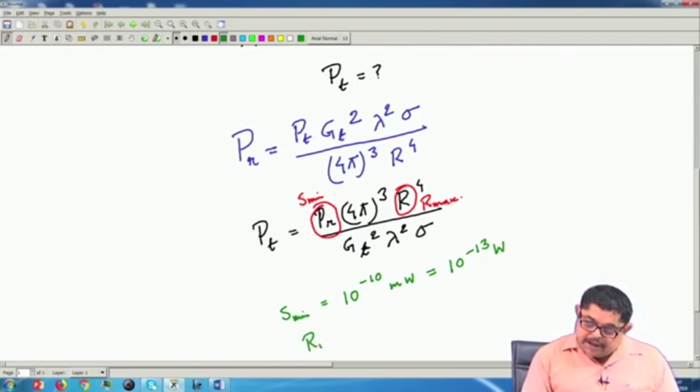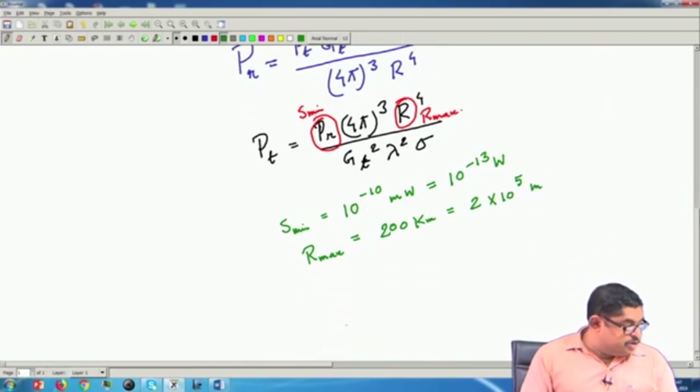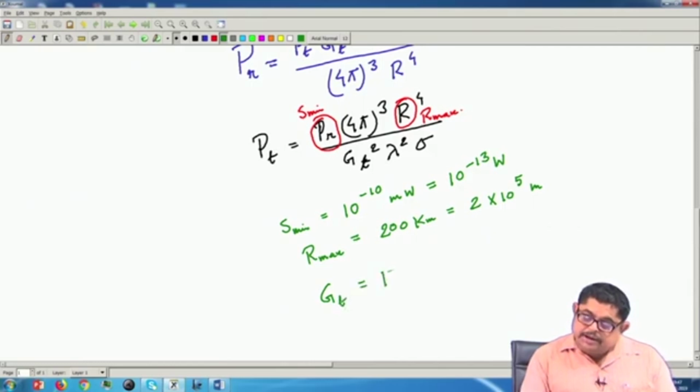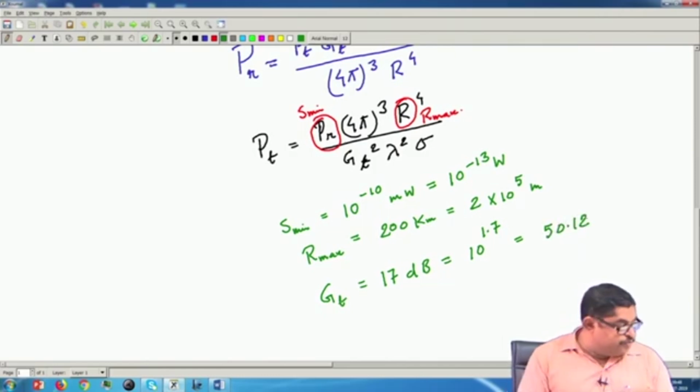Similarly, R max is given as 200 kilometer, so that is 2 into 10 to the power 5 meter. And Gt is 17 dB. 17 dB is 10 to the power 1.7, so that turns out to be 50.12.